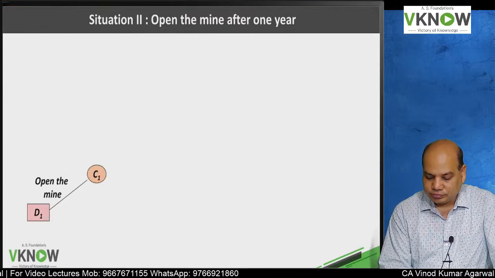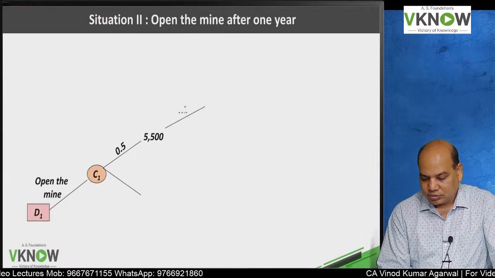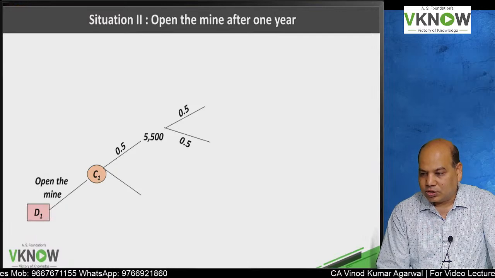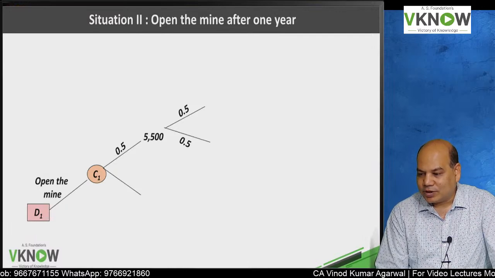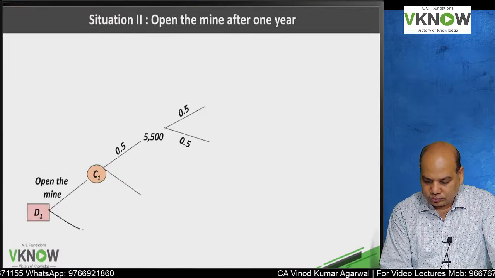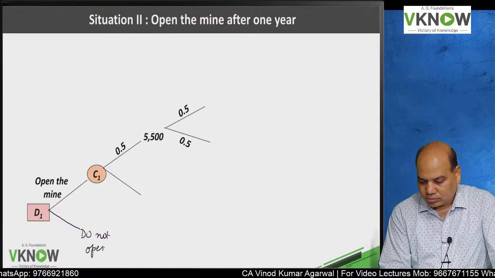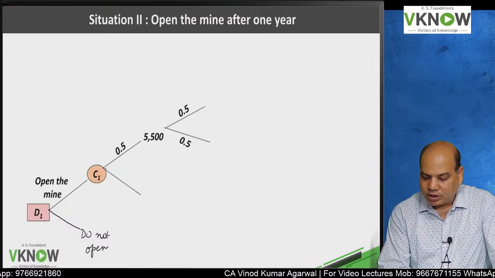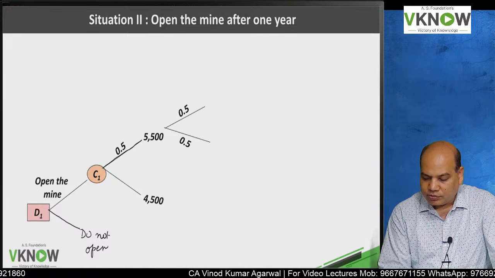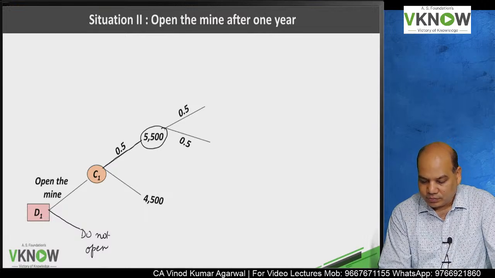So now draw the diagram first. We have 2 options. One is to open the mine, one is not to open the mine. If we open the mine, we will wait for a year, when the price will be 5,500 or 4,500.